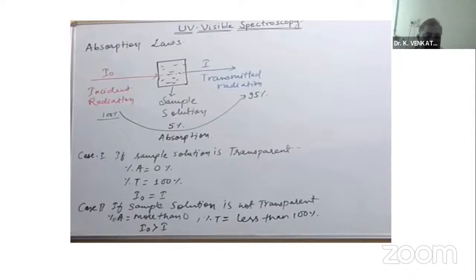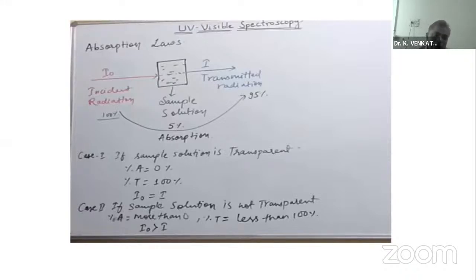The incident radiation is 100% and the transmitted radiation is 95%. So how many percent remains? 5%. So that is for absorption. Transmitted we know is 95%, so the remaining part is for the absorption. Only 5% is for absorption.